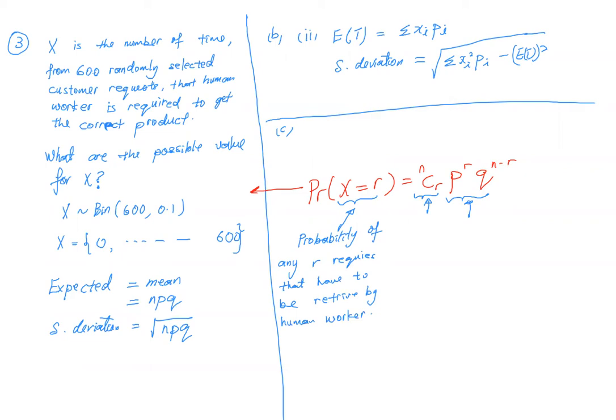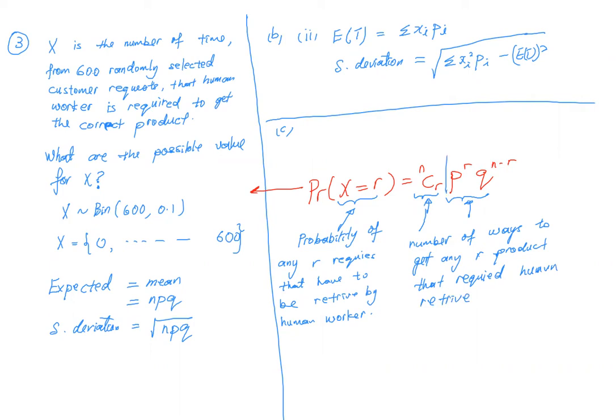Right? Then what is the meaning of this one, nCr? Number of ways to get any R. Okay, you have to write in full: products that require human retrieval.